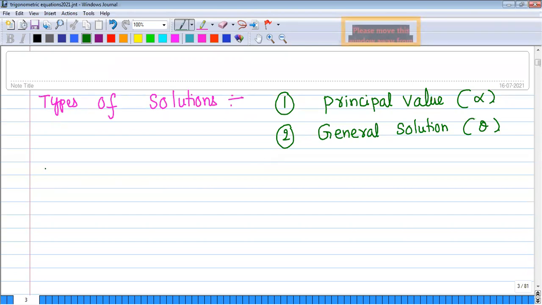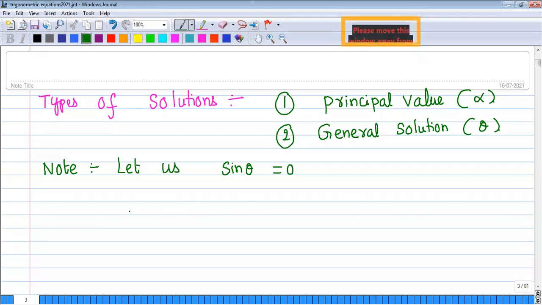Okay. Now note. So let us consider sine theta is equal to 0. What are the possible solutions for sine theta is equal to 0? 0, 180, 270, 360.